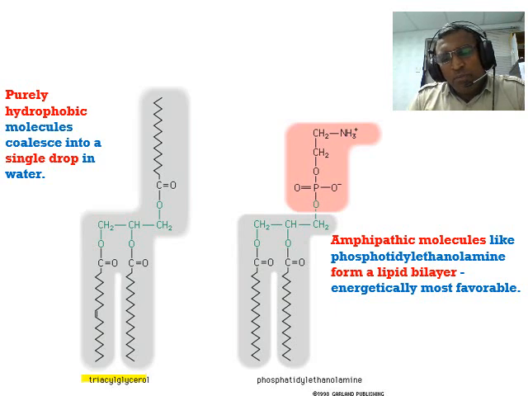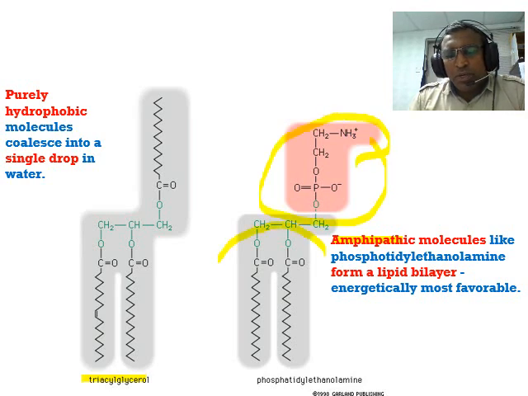Then you have the amphipathic phosphatidylcholine. It also has its limitation in liking water, because this head group likes water, but this tail goes far away from the water.